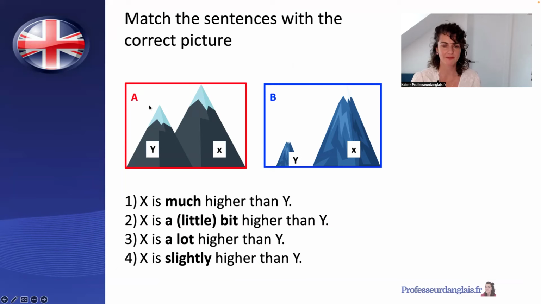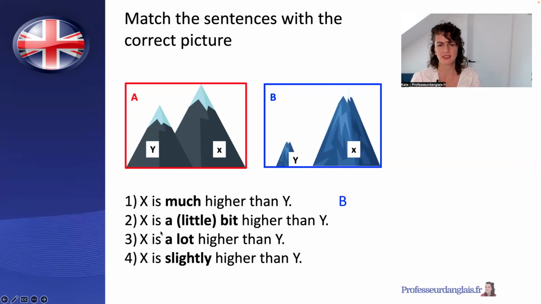We have A with mountains Y and X, and we have picture B with mountains Y and X. Which picture am I talking about? X is much higher than Y. Well, that's going to be picture B. Although in picture A, X is higher than Y, it isn't much higher. X is much higher than Y in picture B.